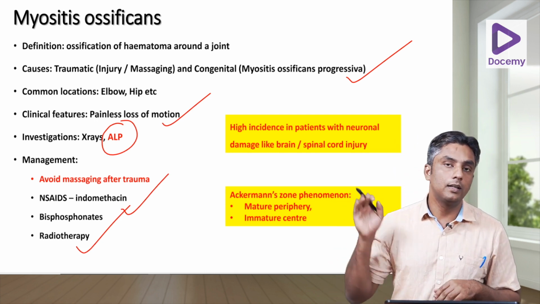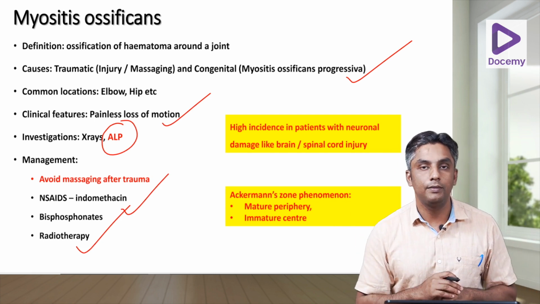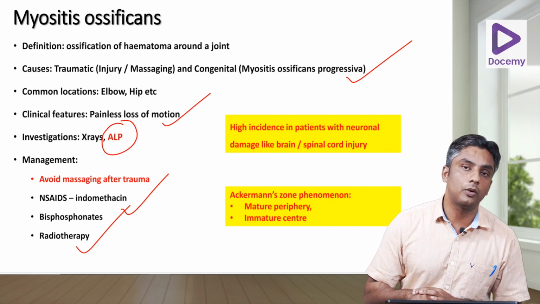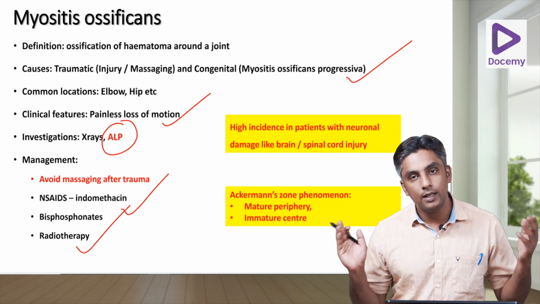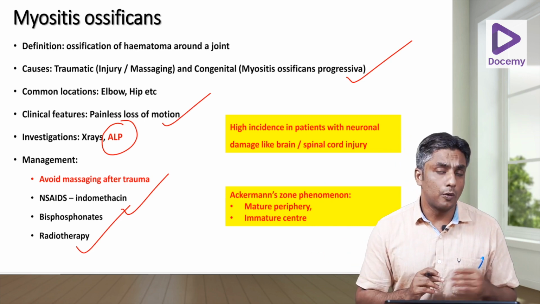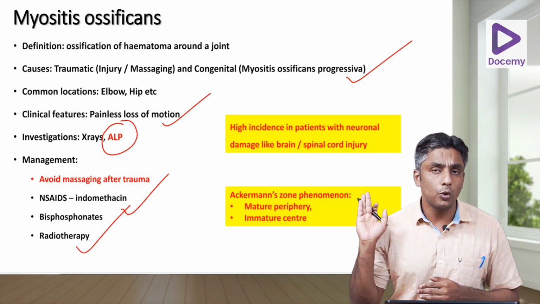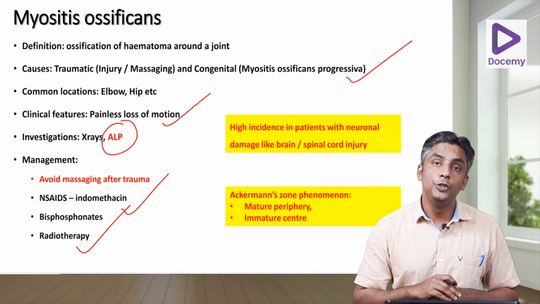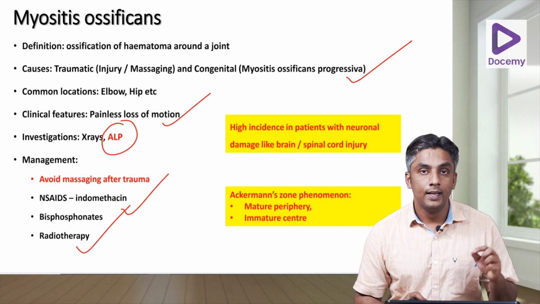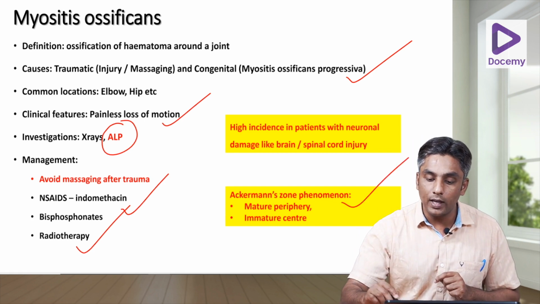I have written two yellow rectangles with some buzzwords. High incidence of myositis ossificans has been seen in brain or spinal cord injury due to some unrelated factors, where differentiation into bone tissue has been found quite frequently. So note that it is commonly seen in patients with neuronal damage like brain or spinal cord injuries. And there is one famous Ackermann's zonal phenomenon.